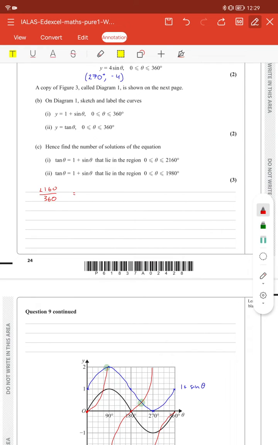So if we have two solutions, here we're going to have 12 solutions. And here we can do 1980 divided by 360, which means we're going to have 5.5. So we're going to have 5.5 times 2, which means we're going to have 11 solutions.